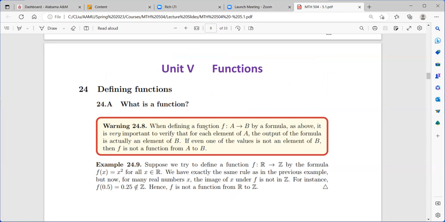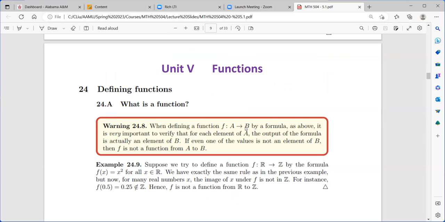The other thing to be cautious about is that when you define a function f from set A to set B by a formula, you must make sure that the image of each element in set A is in set B. If you have an image of an element in set A that is outside set B, then it's not a function.